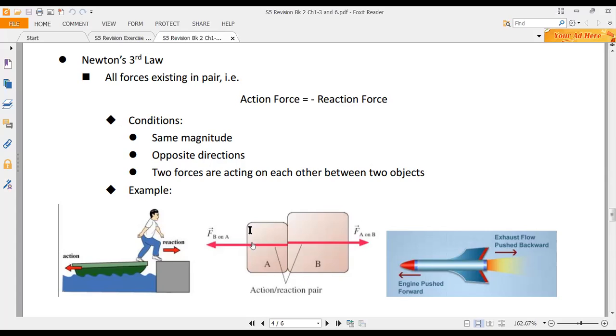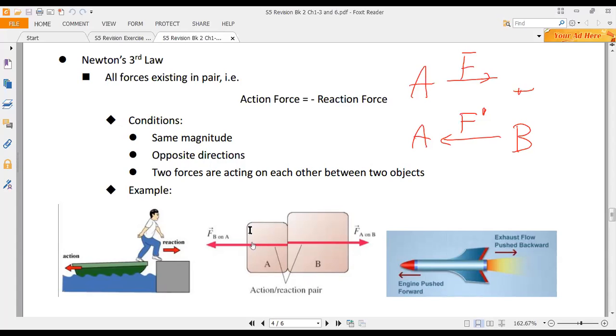It has to be in pairs. If A is acting a force F on B, at the same time, in fact, B would also be acting a force, F prime, on A. It's a must.